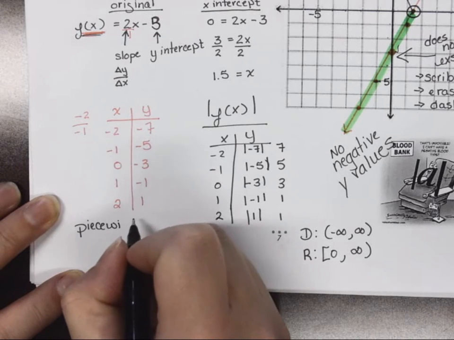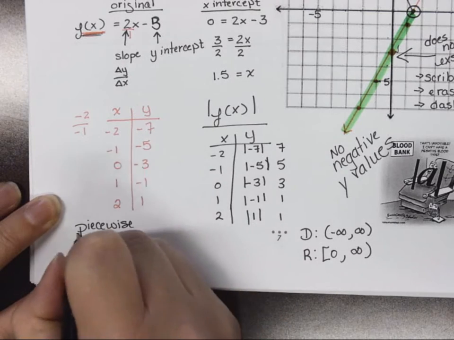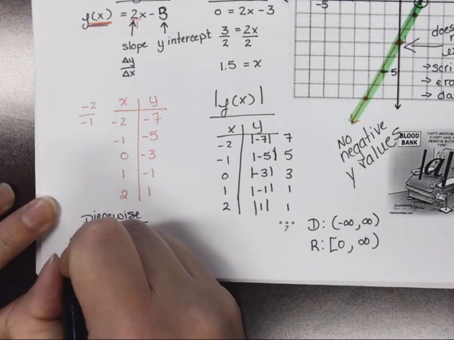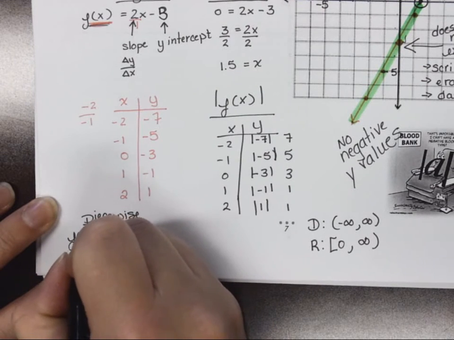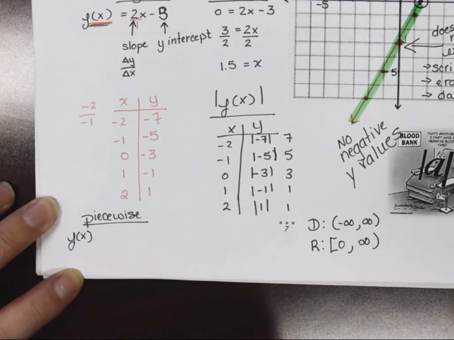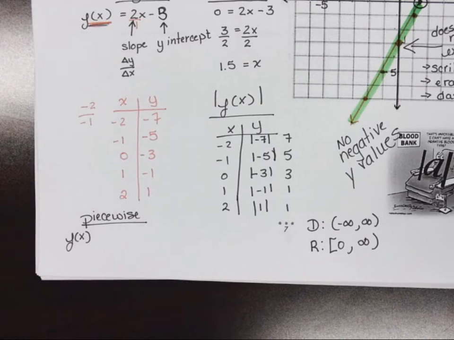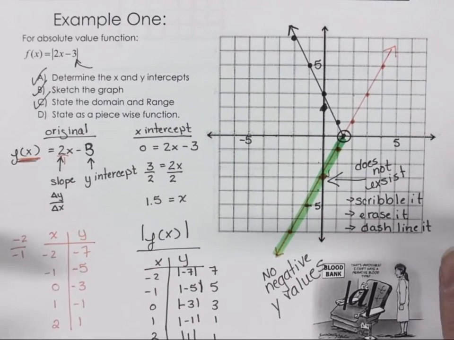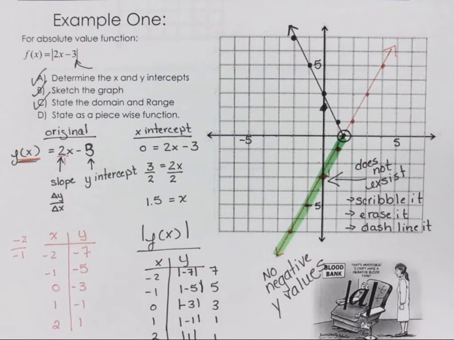Piecewise. So now we're going to look at the part that was the original graph. We're going to make a domain statement about the f of x graph, the non-absolute value one. On my graph, it's the red one, and we're just talking about the domain.